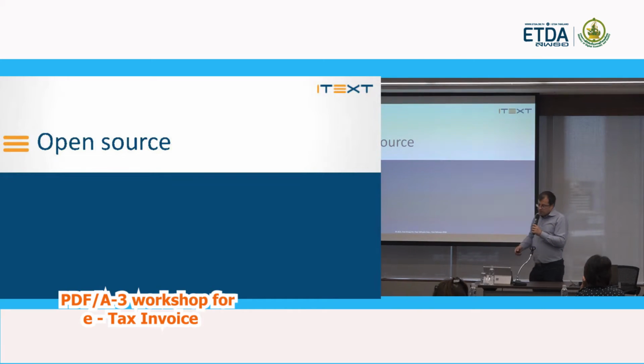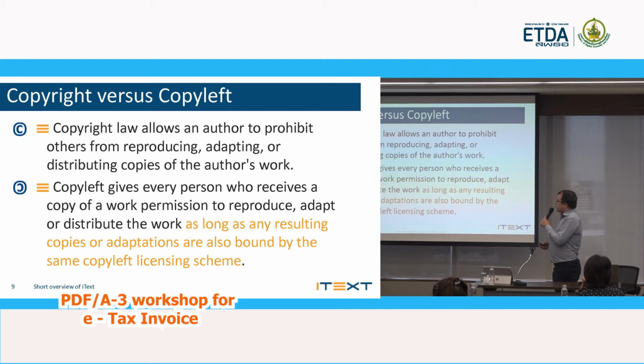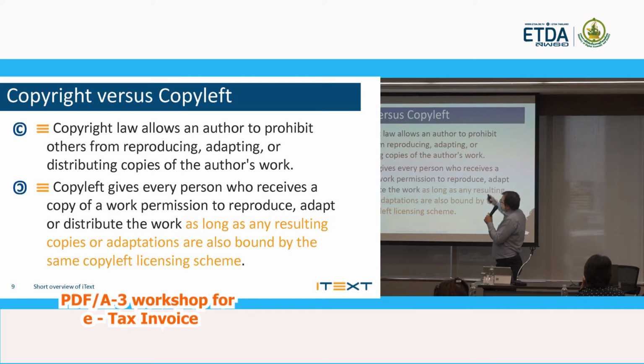Now, open source. One reason why I made it open source was because nobody knew me back in the year 2000, and making it open source suddenly exposed my name to the whole world. But first, something about open source software. The intellectual property of software is very much similar to the intellectual property of a book of literature.